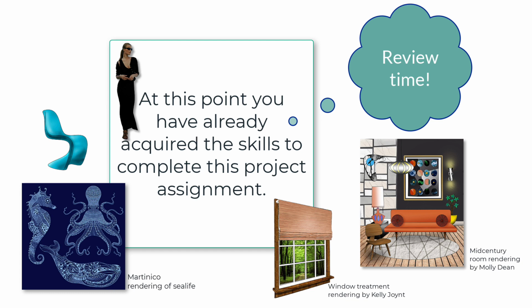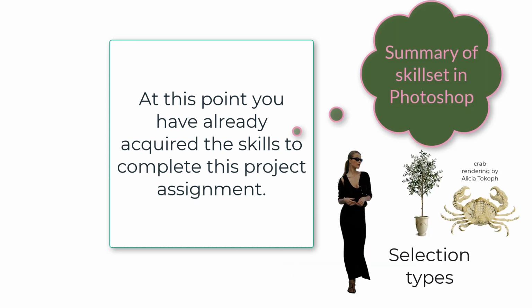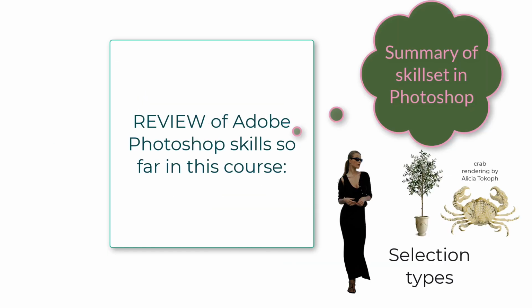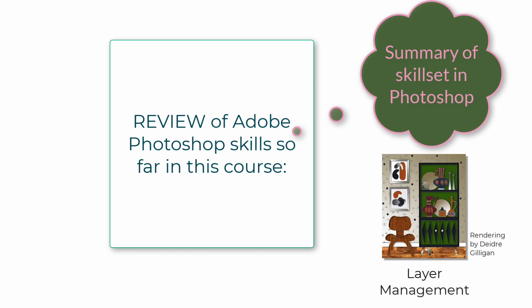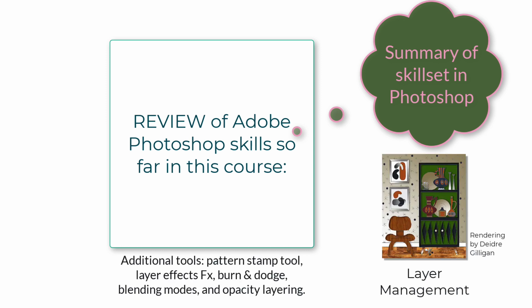At this point, you have already acquired the skills to complete the project assignment. The skill set review includes selection types, layer management, and commands such as pattern stamp tool, layer effects, burn and dodge, blending modes, and opacity layering.